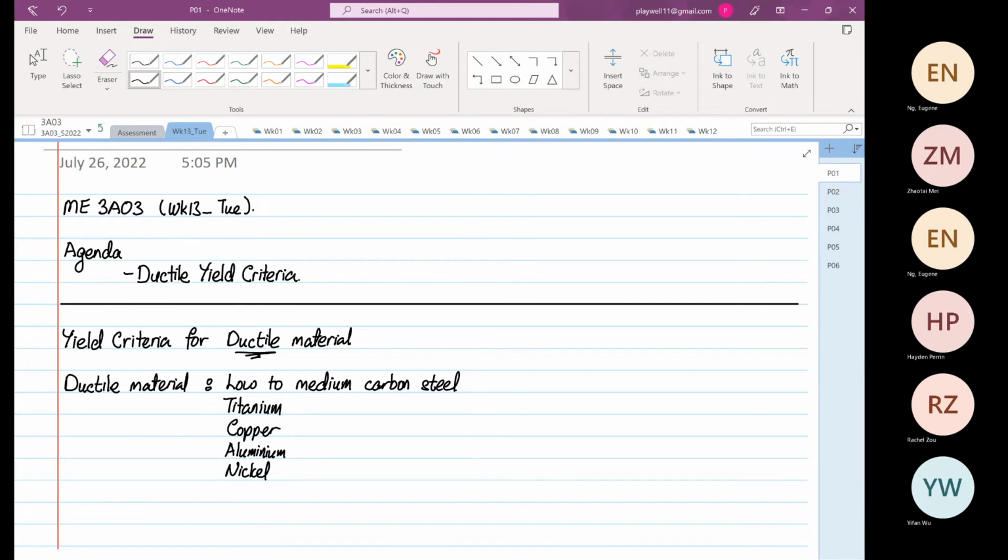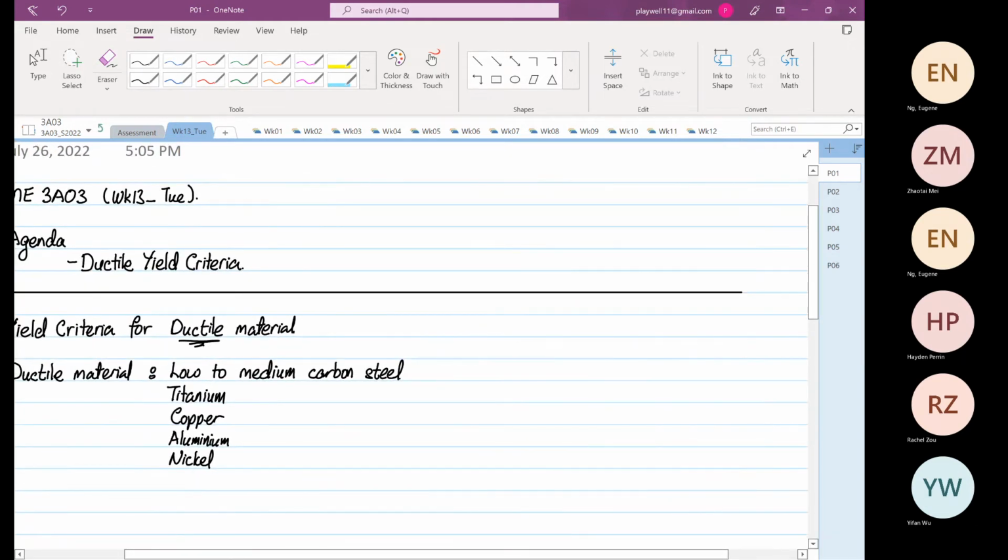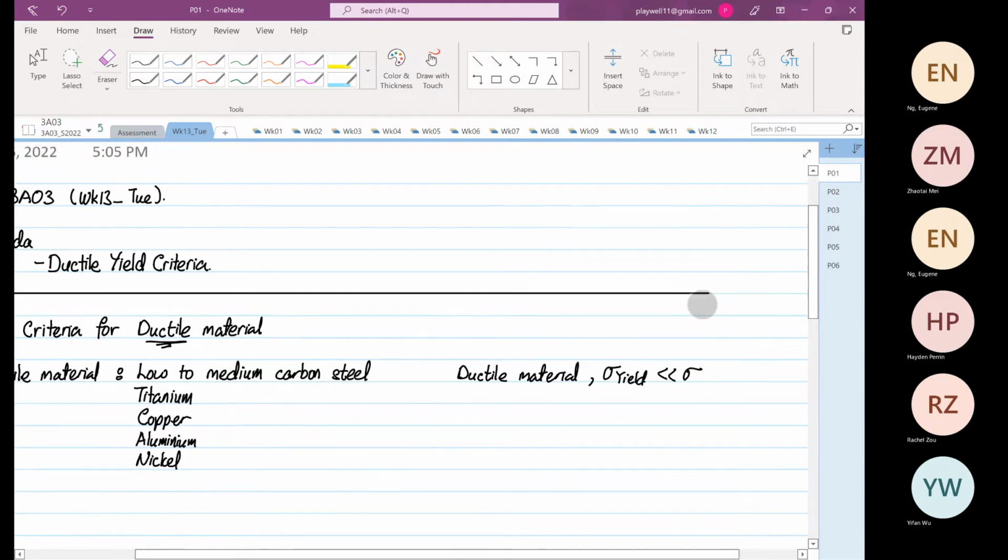So these are just names, right? As engineers, what do we mean by ductile material? I can give you a simple way of looking at it. For ductile material, you have to look at values. A good indicator is that the yield strength is a lot smaller than the ultimate strength.